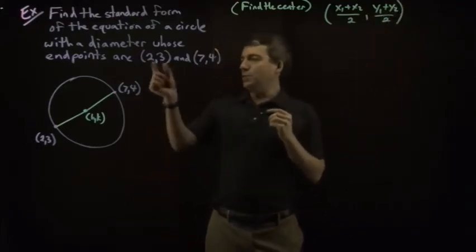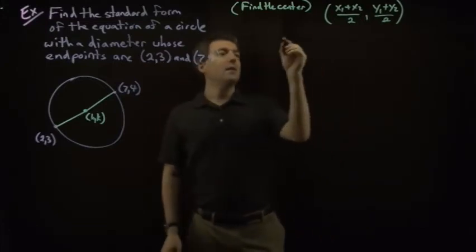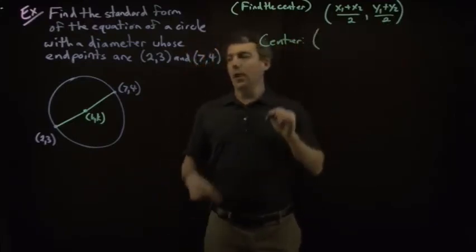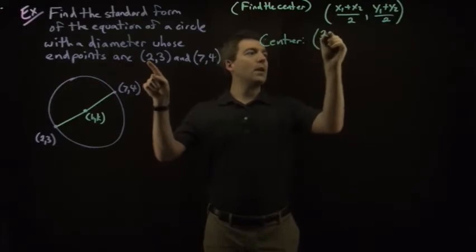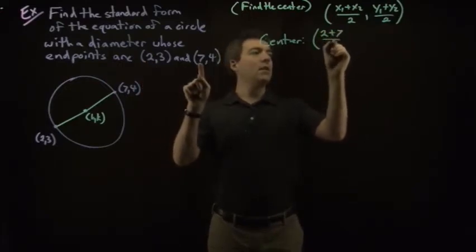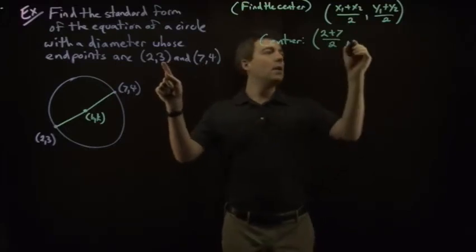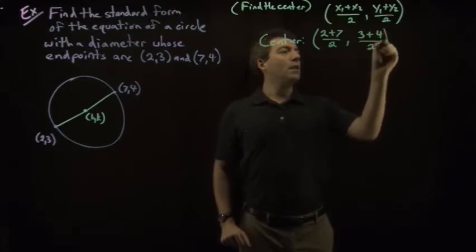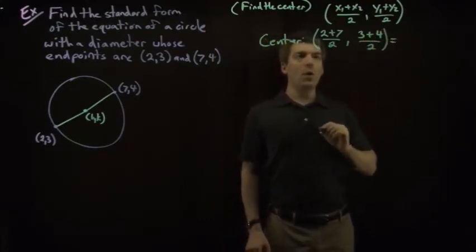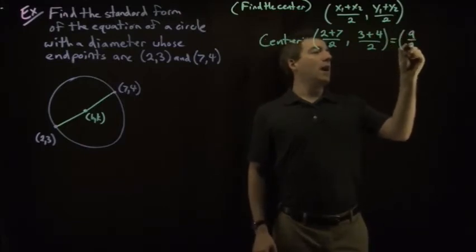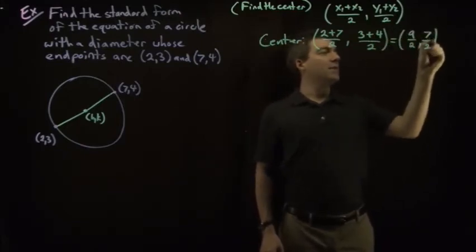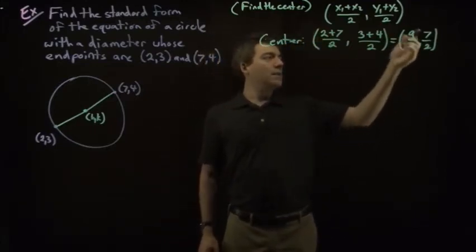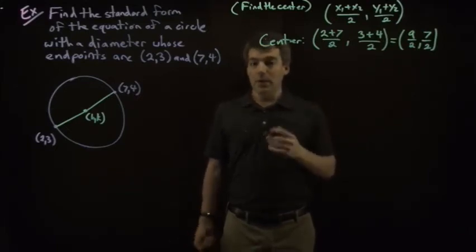All right, so we'll make this one the first point, that one the second, and so the center is going to be at the location ((2 + 7)/2, (3 + 4)/2), or 9/2, 7/2. All right, so the center is at (9/2, 7/2), and now we just need the radius.